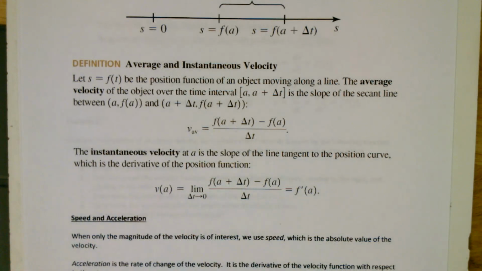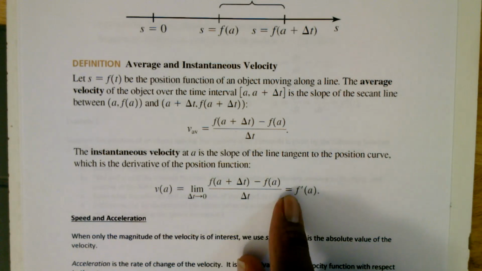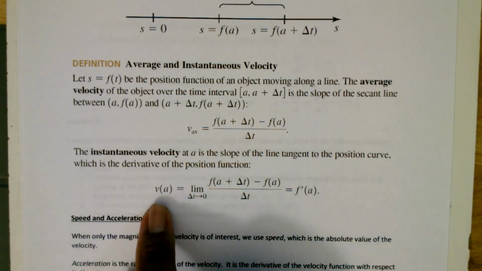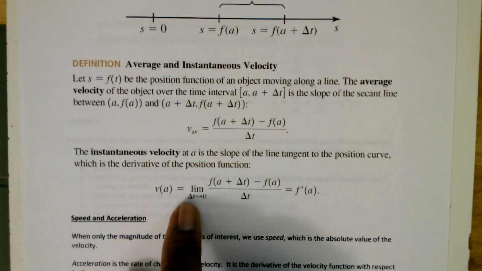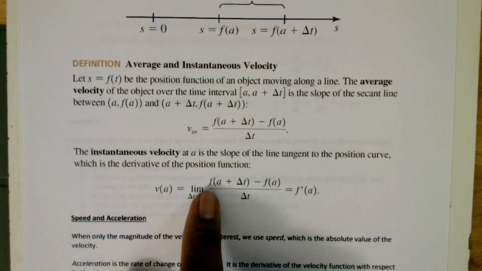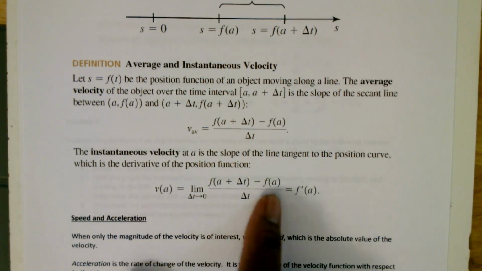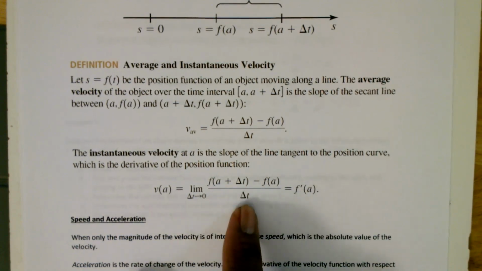Now for the instantaneous velocity, this is pretty much similar to the definition of a derivative. The instantaneous velocity at a is the slope of the line tangent to the position curve, which is the derivative of the position function. So here we have v of a equals the limit as delta t approaches 0 of f of a plus delta t minus f of a, all divided by delta t.